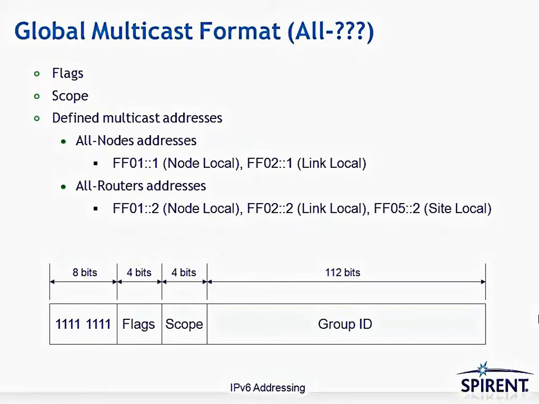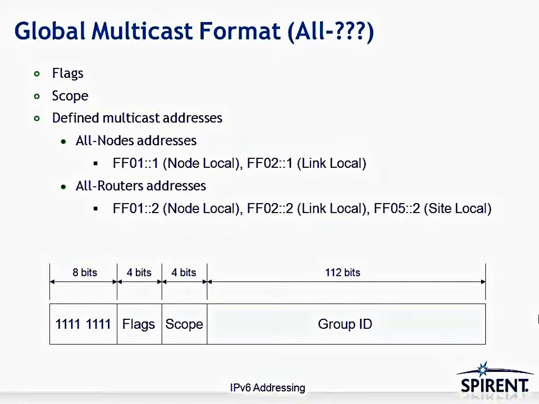So how about the multicast address format? The address is divided up into 4 different fields. There's the format prefix, which is the FF at the beginning, or all ones for 8 bits, followed by the flags for 4 bits, scope for 4 bits, and then 112 bits of group ID. And so you can notice, depending on the scope or the ID bits, it will depend on whether it's node local or link local, if it's for all nodes or all routers.